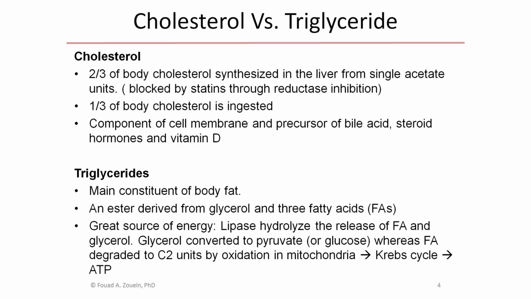Usually, a lipase will hydrolyze the triglyceride and release the free fatty acids from the glycerol. Glycerol goes into a certain pathway to form either pyruvate or glucose, which is also a source of energy, and the fatty acids are degraded through lipolysis to C2 units by beta oxidation in the mitochondria, which process them into ATP through the Krebs cycle.